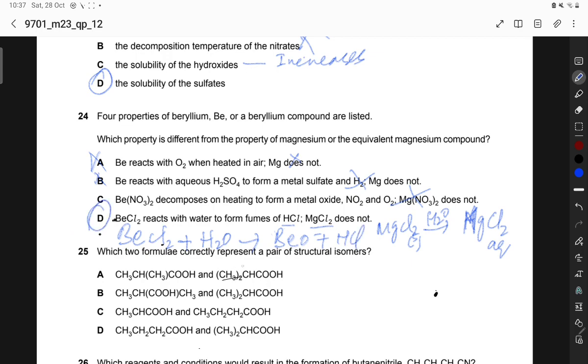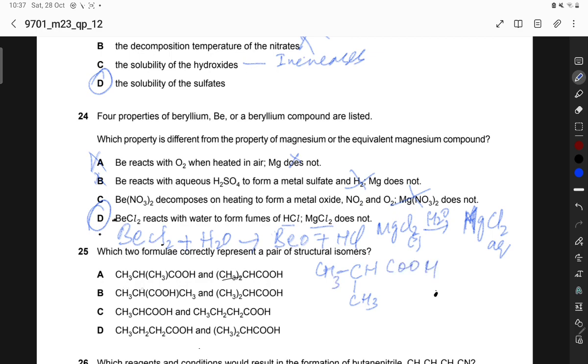Which two formulas correctly represent a pair of structural isomers? Structural isomers are like this: CH3, CH, CH3 and CH3COOH.